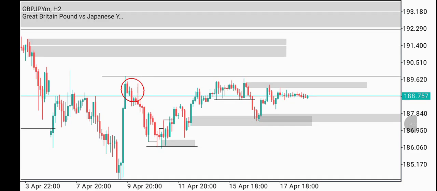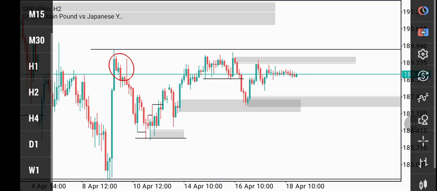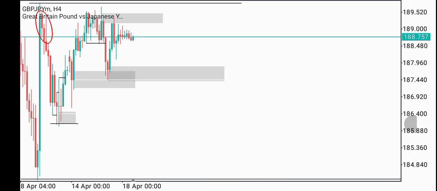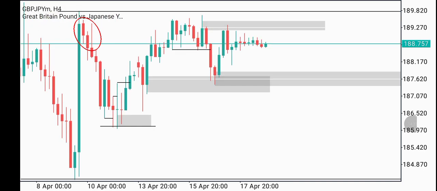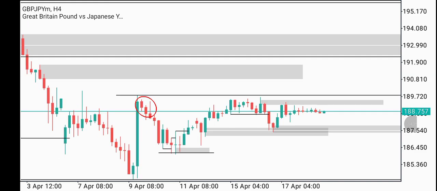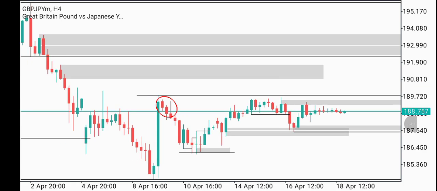That's why we have this. Most of the time, at least I've tried to include the 2 hour. Most of the time it's the 4 hour, scaling down to the 1 hour to find the level.